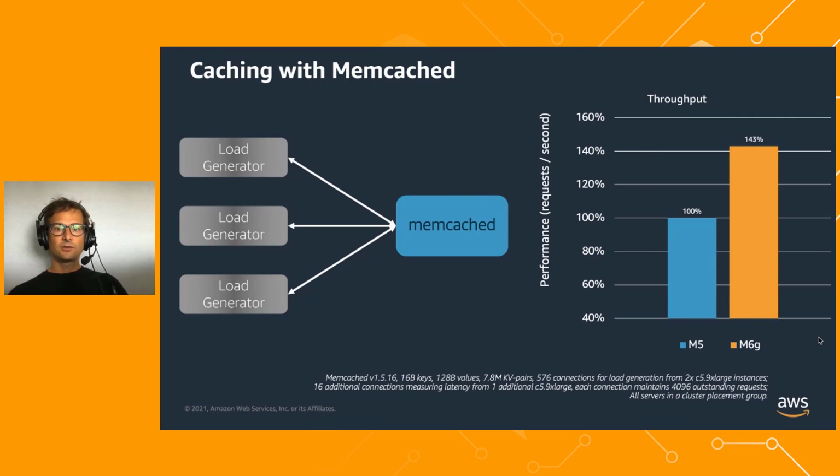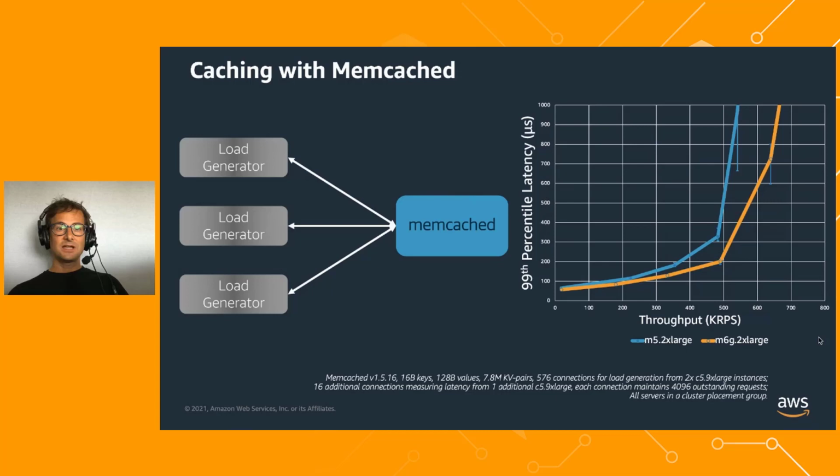And on the right, you have the blue box, the Memcached server, which is running on a Graviton-based instance or an x86-based instance. When we made that experiment, we were able to see 43% better throughput on the Graviton2-based instances compared to our M5 using an Intel processor.